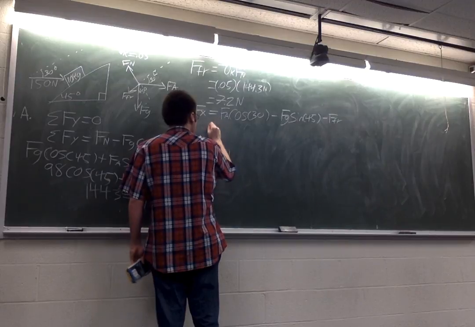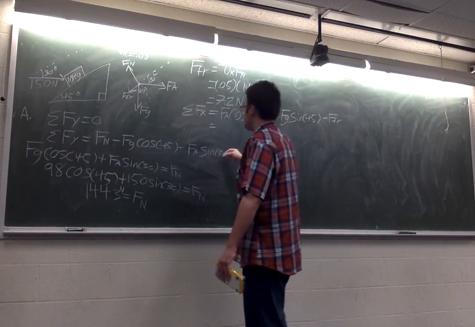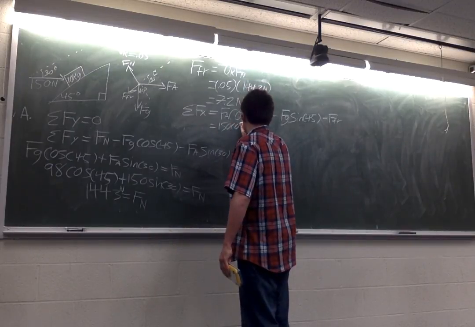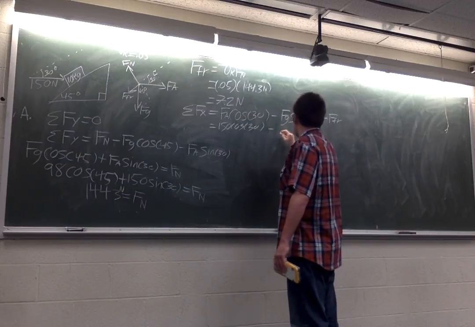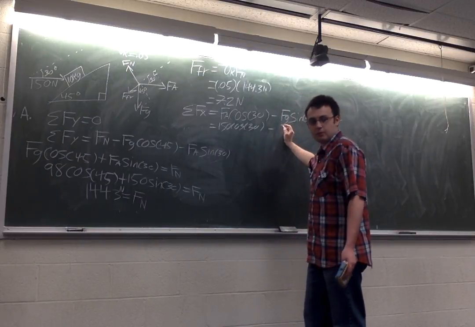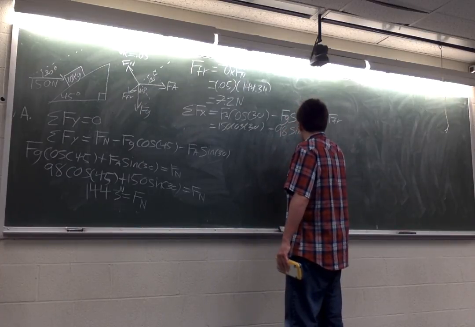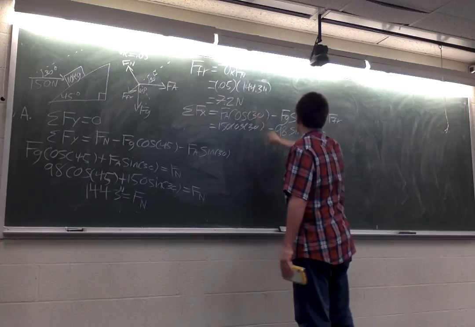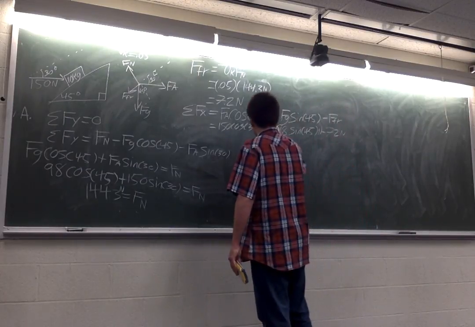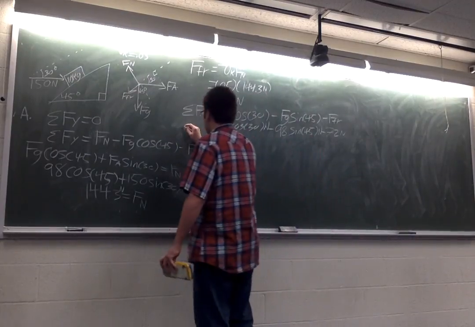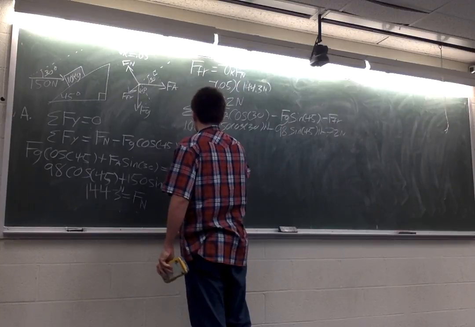So we plug in some numbers here. We get that our applied force is still 150 cosine 30 minus 10 times 9.8, which is still 98. So we have 98 sine 45 minus the force of friction, which is 7.2, is equal to the mass times the acceleration. The mass is 10 kilograms, so we have 10 times our acceleration a.